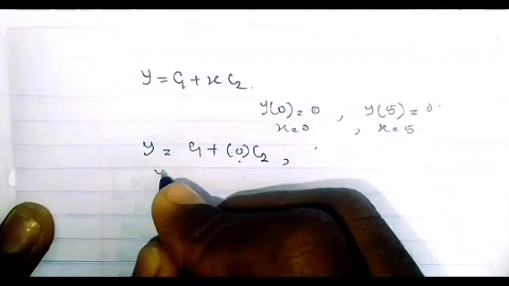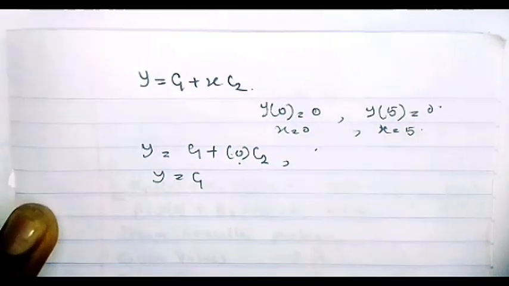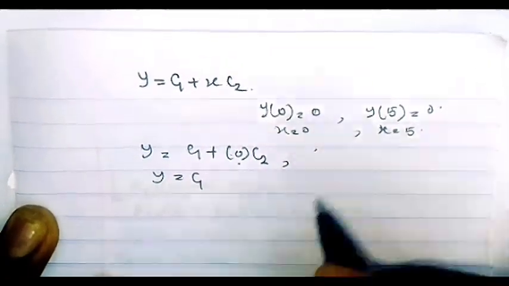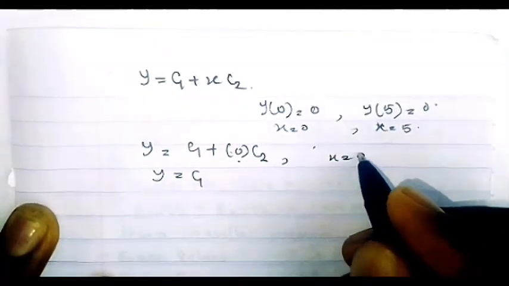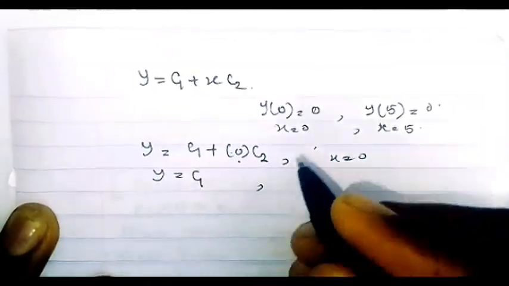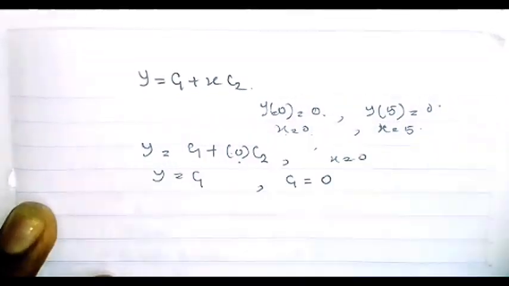When x is equal to 0, y is equal to c1, right? And since y is equal to 0 there, that means c1 is equal to 0.